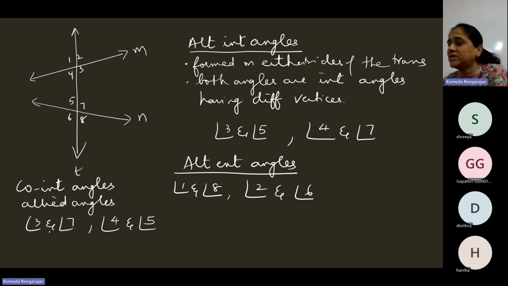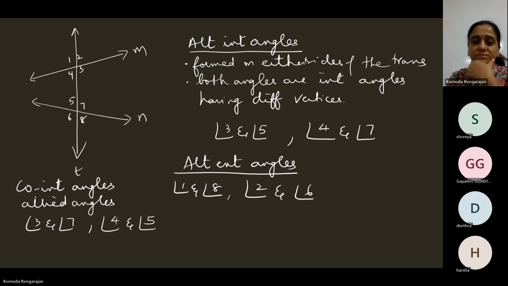He or she is your co-passenger. So co-interior: both are interior angles and they're formed on the same side of the transversal. So 3 and 7, 4 and 5.